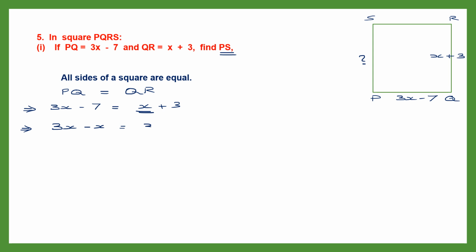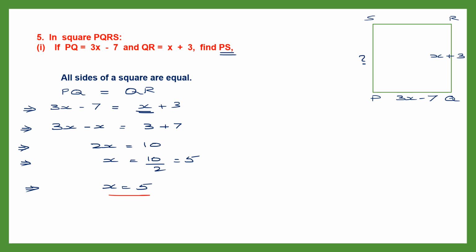Then here we have 3, and let's take this minus 7 to the other side, it becomes plus 7. Simplify. 3x minus x is 2x. 2x is equal to 10. So now we can find the value of x. X is equal to 10 divided by 2, which is 5. So we've got the value of x now. X is equal to 5.